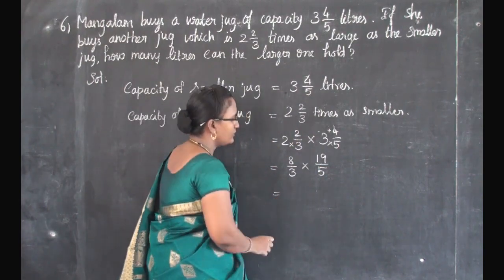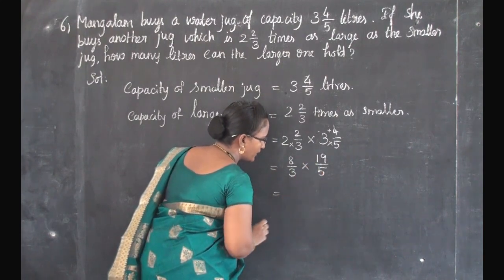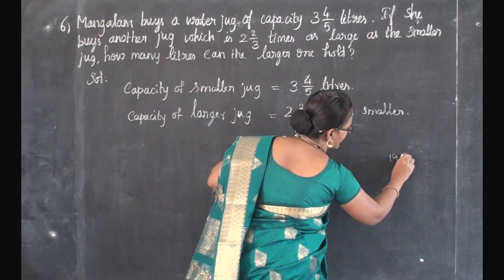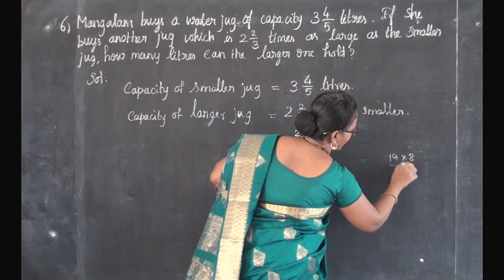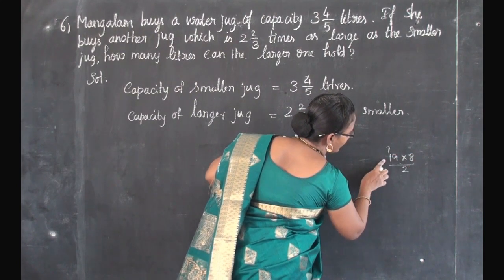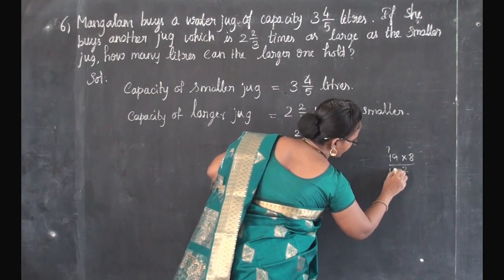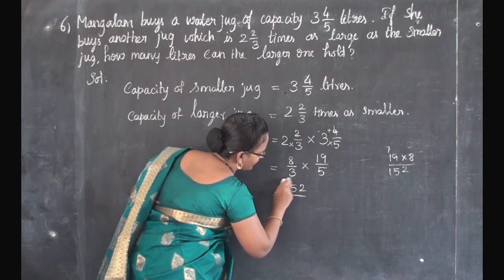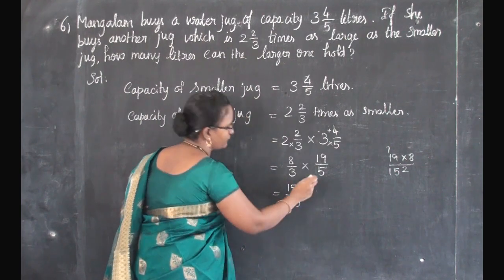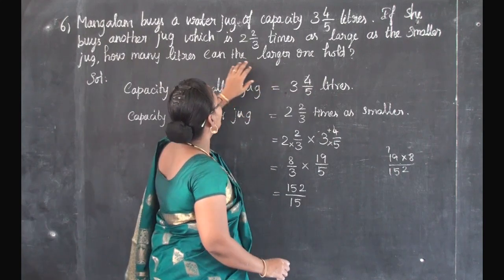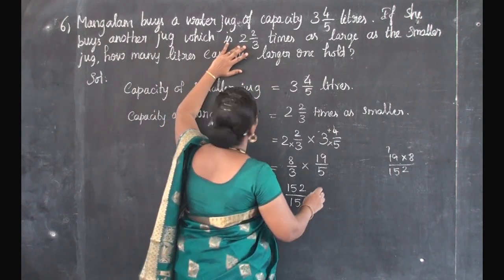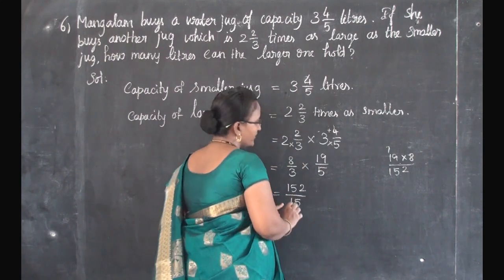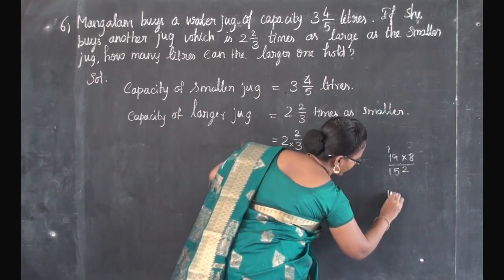There is no cancellation. So multiply the numerator with numerator and denominator with denominator. 19 8s are how much? 9 8s are 72. 1 8s are 8. 8 plus 72, 152 by 15. 3 5s are 15. They gave the capacity in mixed fraction, so we have to give the answer also in mixed fraction.